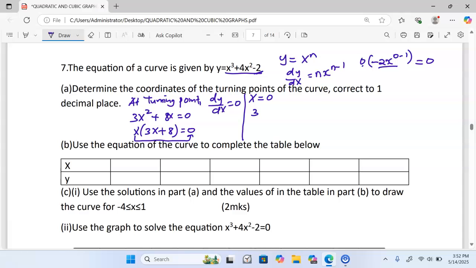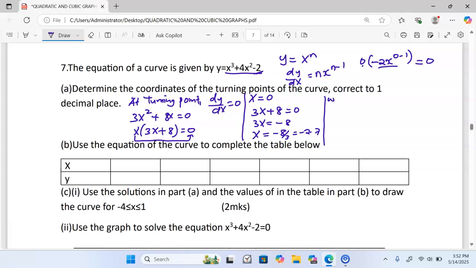And again, you can take the bracket, which is 3x plus 8, you equate it again to 0, such that 3x will be equal to negative 8. Divide by 3 on both sides, x will be equal to negative 8 over 3, which is the same as negative 2.7, correct to one decimal point.